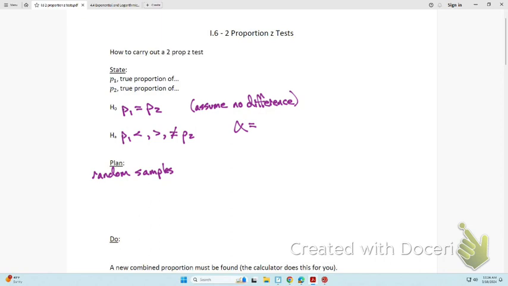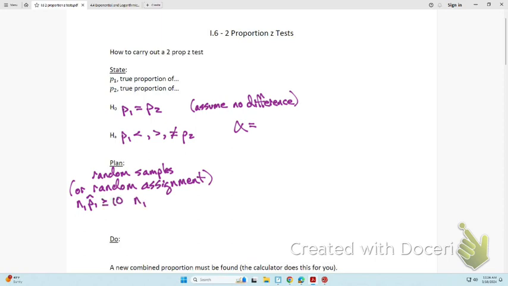For the plan step, preferably you have random samples, but sometimes that's not possible, and all they do is say random assignment. Or both. That would actually be ideal. The large counts is pretty tedious because now there are 4 things you have to check.